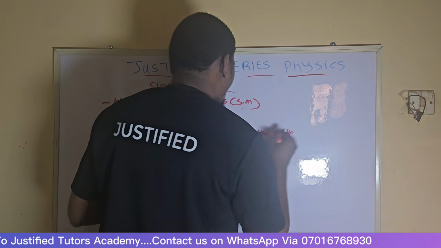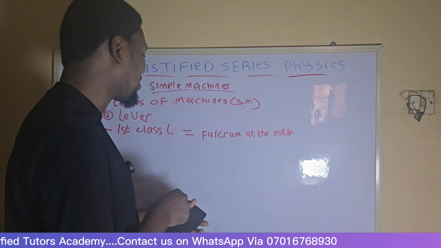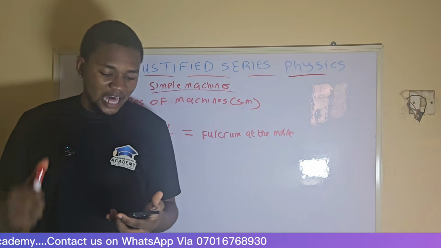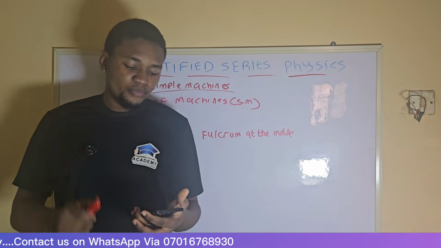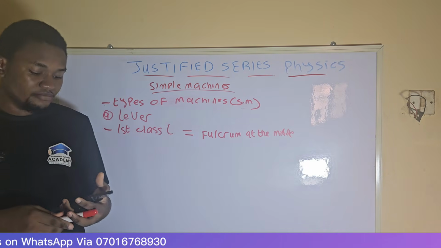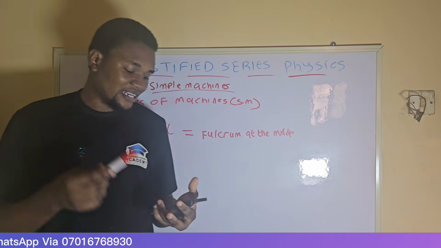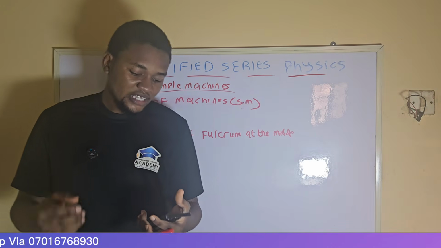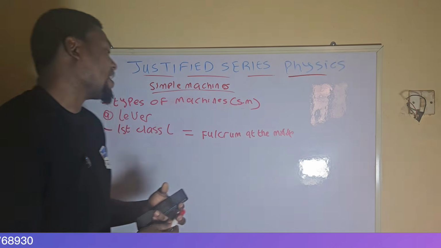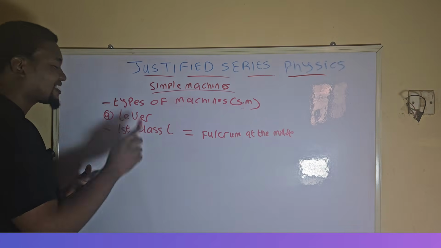I'll just dictate them, you just write it down. The second class lever has its load in the middle. And then the third class lever has its effort in the middle. That is the best way to identify them.